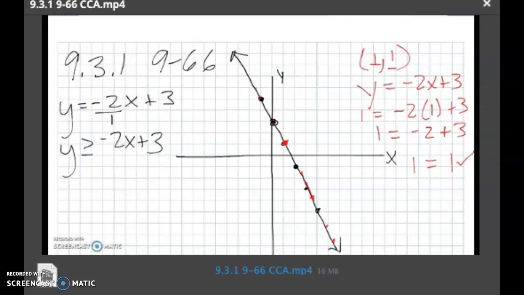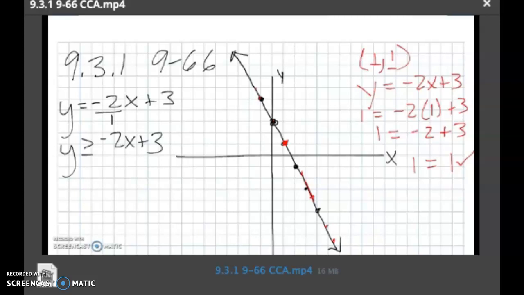Okay, so now we want to graph the solutions to the inequality y is greater than or equal to negative 2x plus 3. So our question is, how will our graph look different when we're graphing the inequality? So what I'm going to do is test a point that is not on my line, either below or above my line.